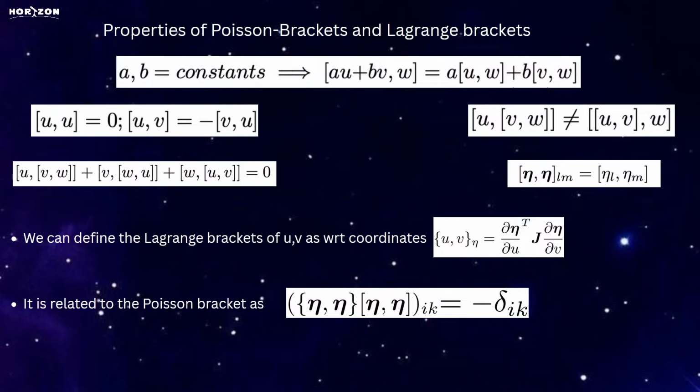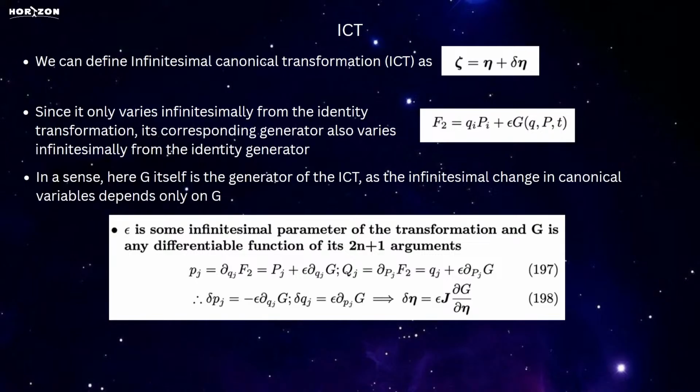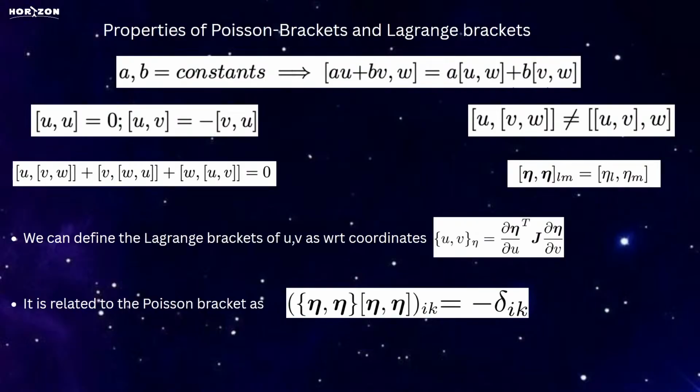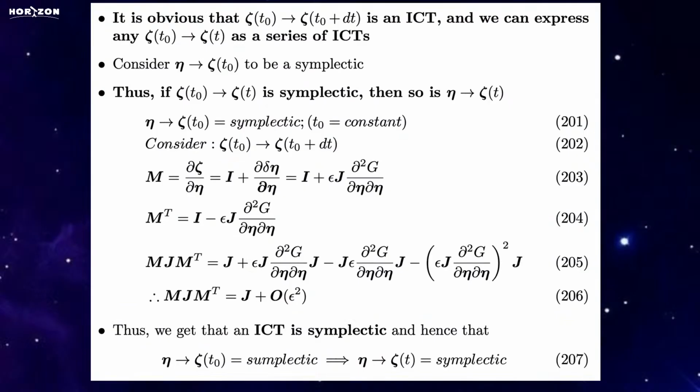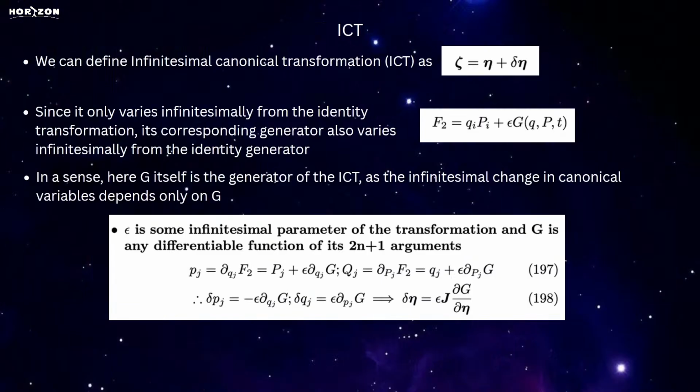Yes, so we will now discuss an important part of classical mechanics, which is known as infinitesimal canonical transformations or ICTs. The transformations we have seen till now are finite transformations, but ICTs vary only very slightly from our initial coordinate system.